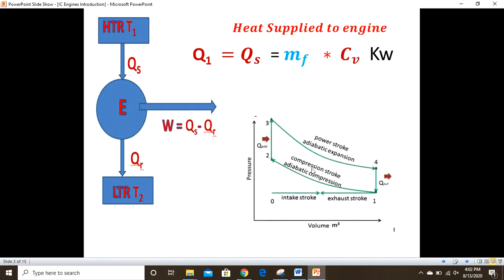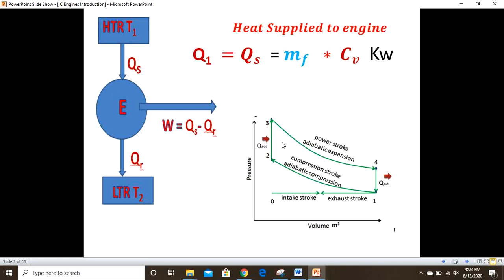Here I am showing the petrol cycle, that is the constant volume cycle. Air is taken inside the engine cylinder and compressed, and heat is added to the cylinder.